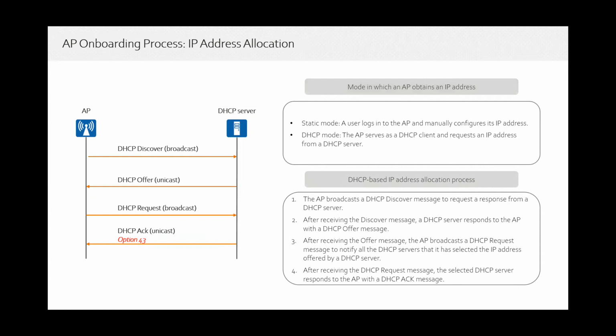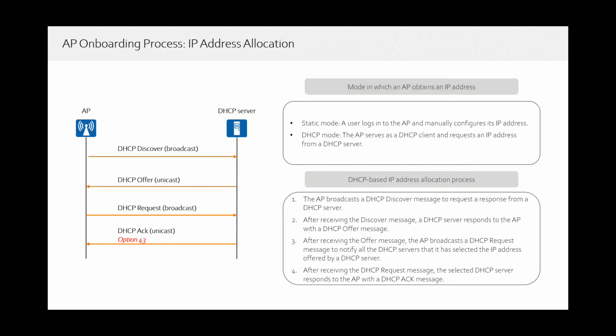After selecting one DHCP server, the AP notifies other DHCP servers that it has selected a DHCP server. Then the selected DHCP server assigns an IP address to the AP, and during this process, more information can be carried in the option field of the message sent to the AP. Among these options, option 43 is the most common one. So how does it work? We will find the answer in the following phase, which is AC discovery.